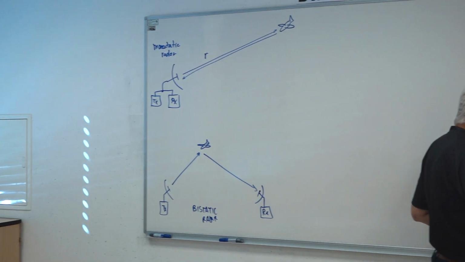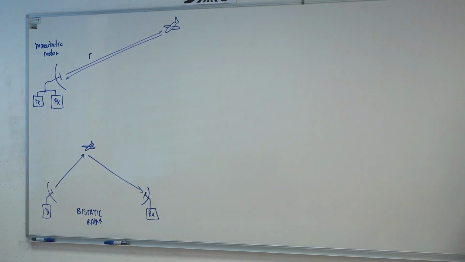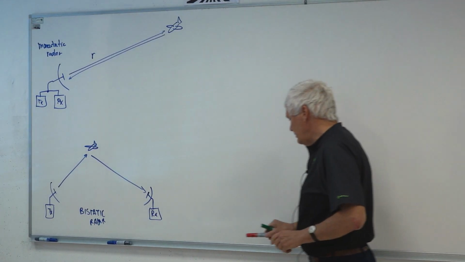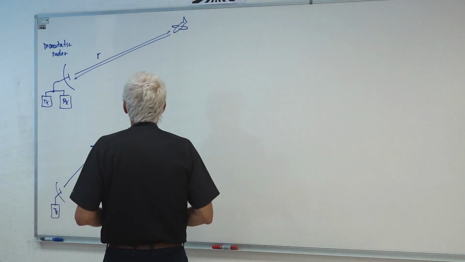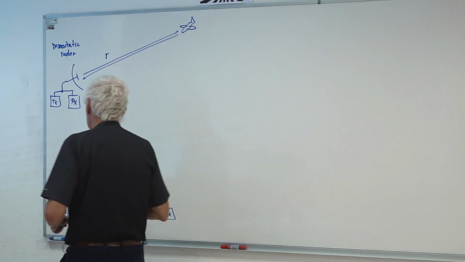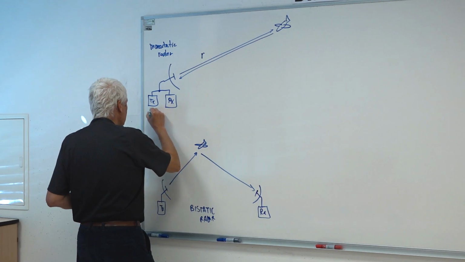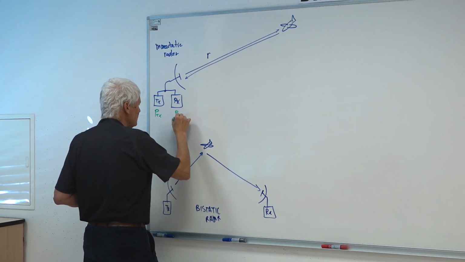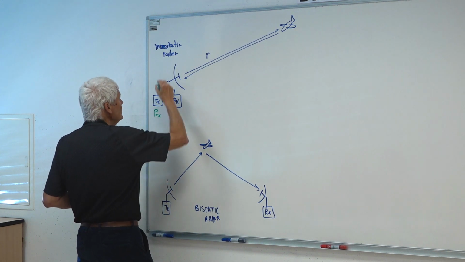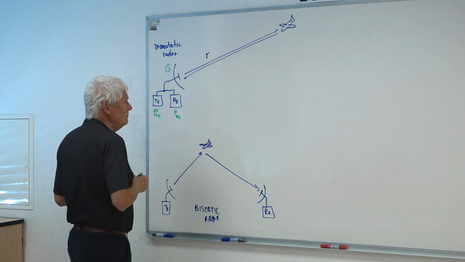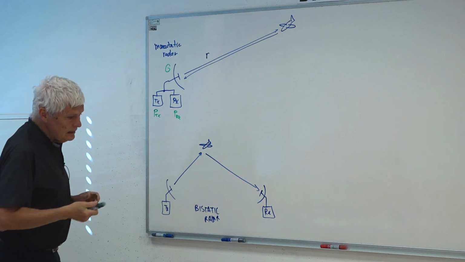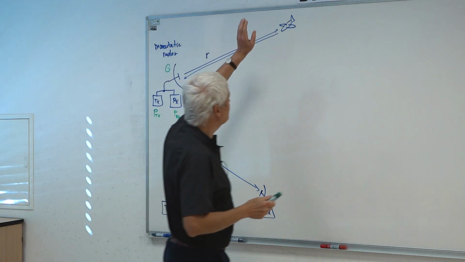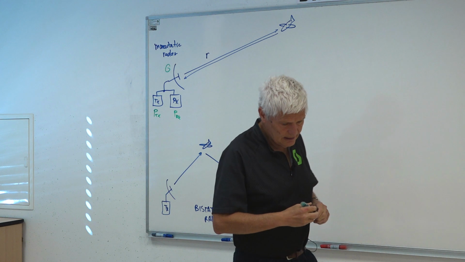So what can we say about the monostatic radar? This is the most usual form of radar. Okay, in order to calculate this link, we need the power of the transmitter, the minimum power put in the receiver. We need the gain of the single antenna we have, and we need data about what happens with our target.